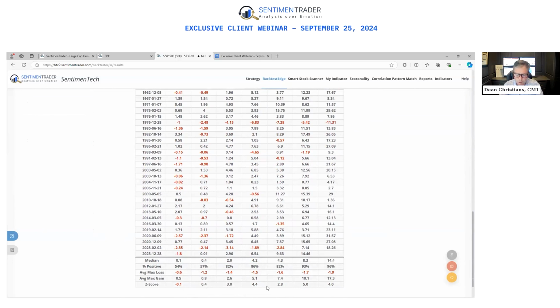Just to review, the Z score looks at the signal returns and compares them to random returns, and if it's significant, it's above 2. That's what you want to see when you're analyzing historical price patterns.